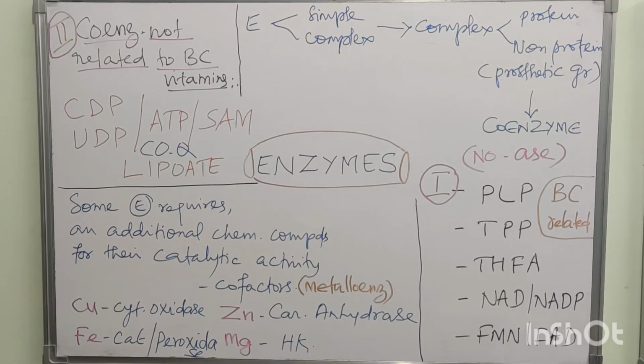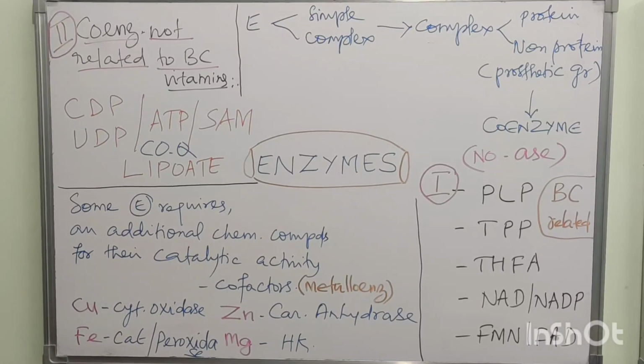So we have two groups in the classification of coenzymes: one is related to B complex vitamins, and the other is related to non-B complex vitamins. B complex vitamins are mostly water soluble vitamins. From B6, that is pyridoxine, the coenzyme is pyridoxal phosphate.